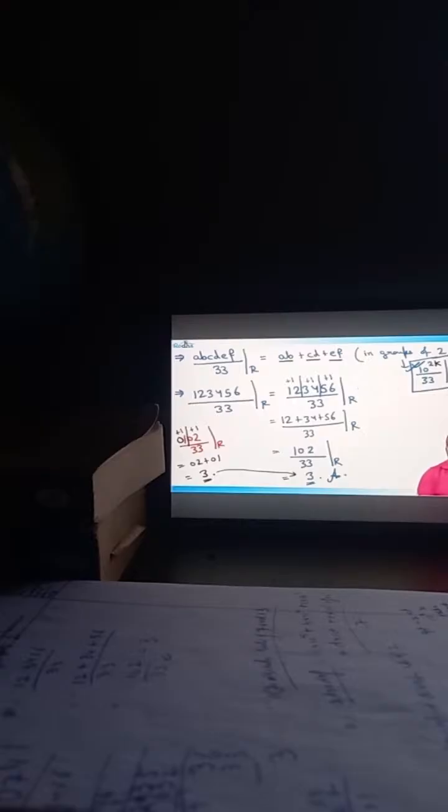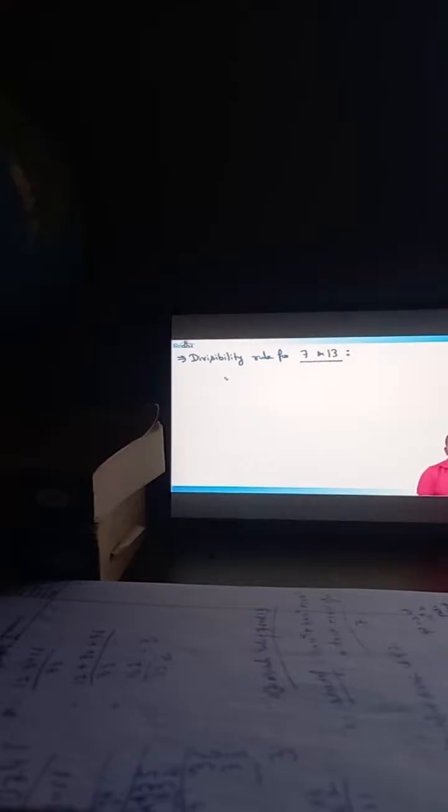Okay. Now, let's discuss some more numbers here. I will discuss the divisibility rule for 7. 7 and 13 are actually both similar numbers.